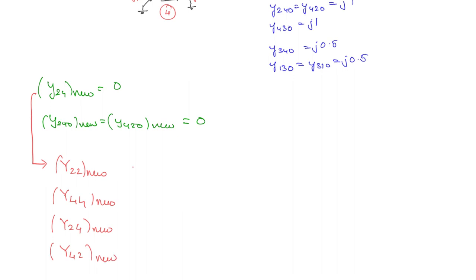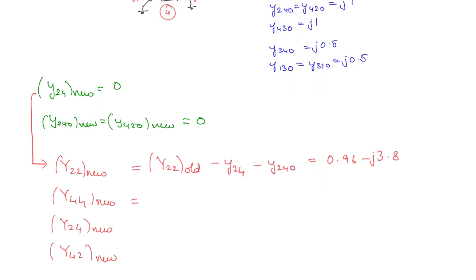So now if you take all the new values, Y22 new is going to be Y22 old, whatever the previous value was, minus Y24, because there is no transmission line, and minus Y240, only that part of the shunt admittance which is associated with the transmission line between 2 and 4, not the entire Y22. If you subtract, you are going to get 0.96 minus j3.8.